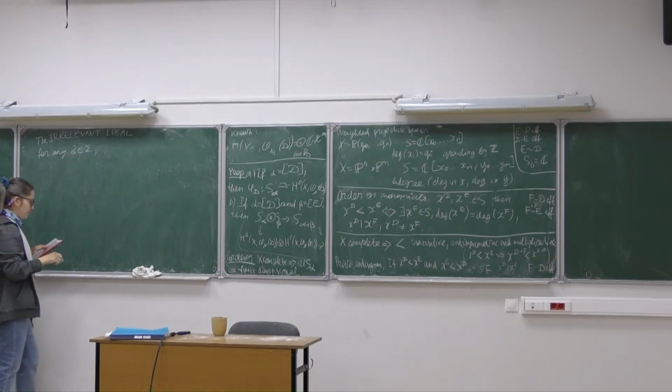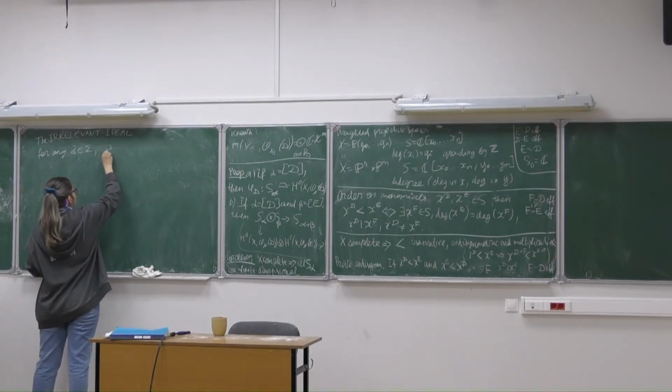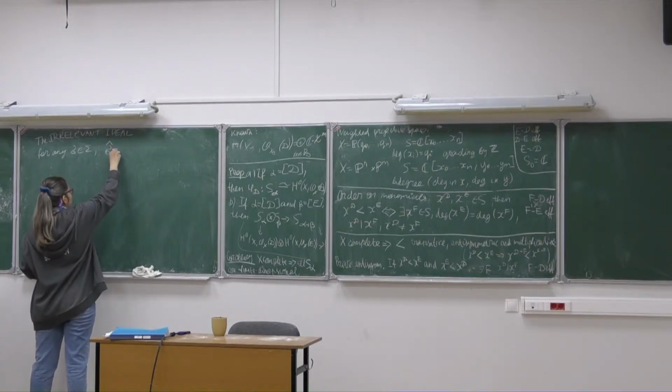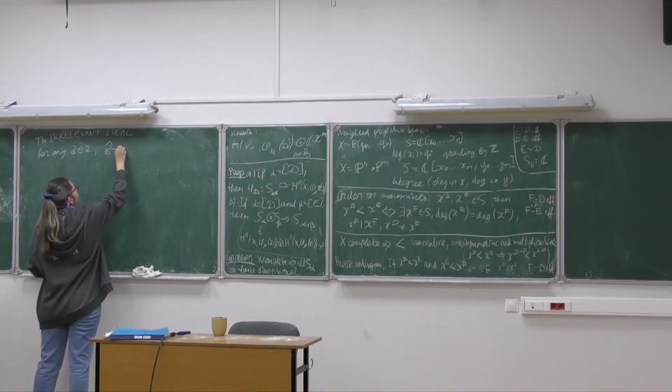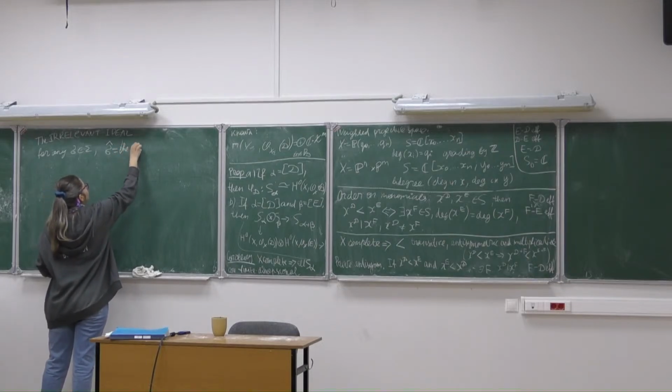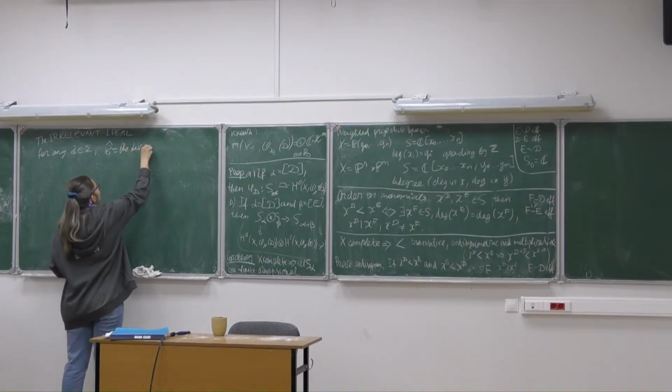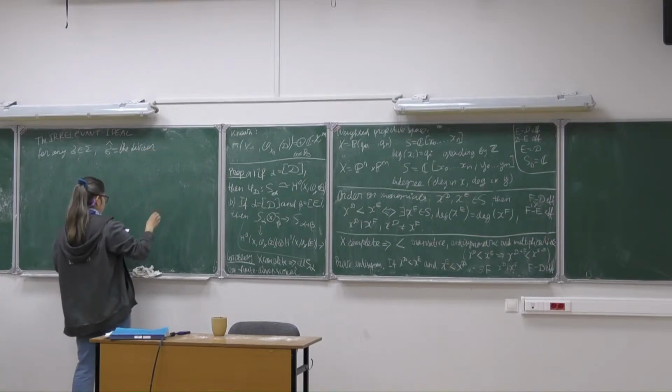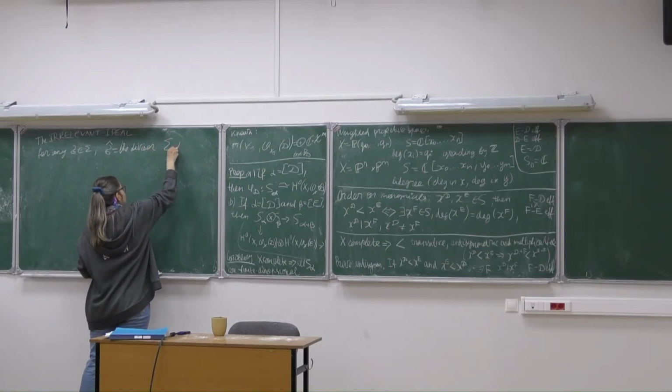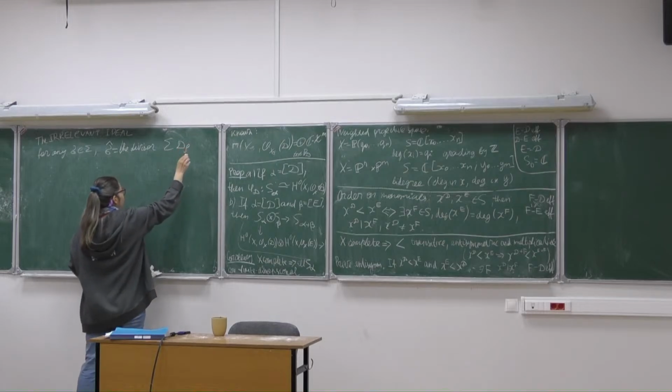So the sigma hat will be the divisor, the sum of D rho, where rho is not a ray of sigma.